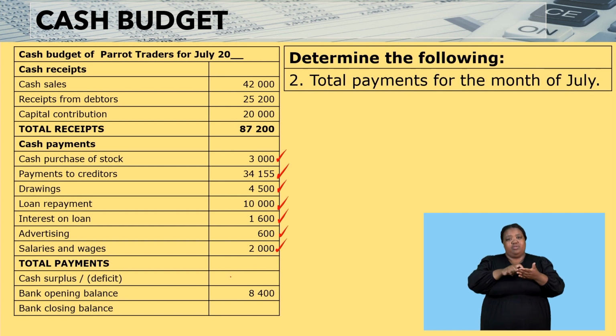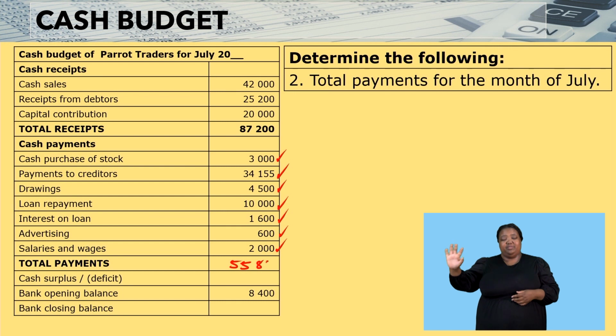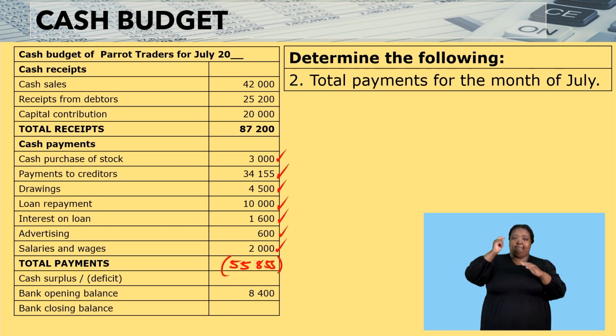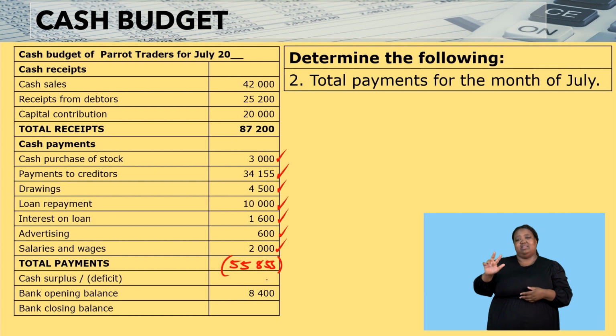On my calculator, I'll get 55,855. And I know that my payments must be subtracted, so I'll just put a bracket already. My total payments are 55,855, and payments must be in brackets.